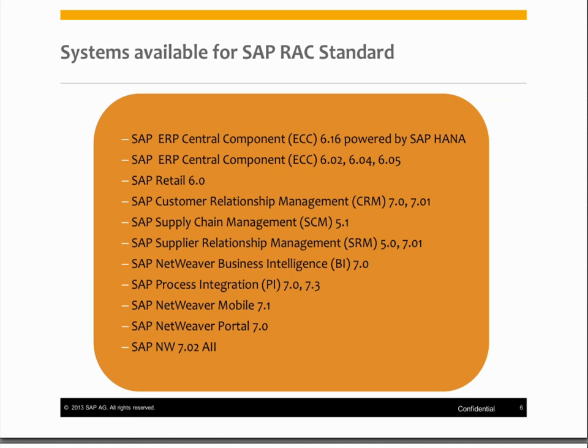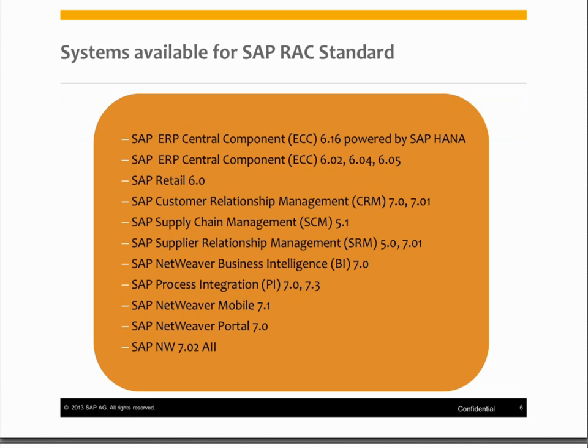There is a comprehensive SAP system portfolio available with RAC. There are all solutions of SAP Business Suite, that is ERP, CRM, SCM, and SRM. Especially for SAP ERP and CRM, there are several release versions available, both the latest one and also previous ones.